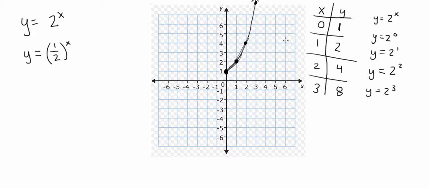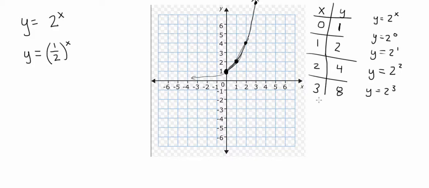When we have a base bigger than 1 raised to the x power, the graph goes up. We'll get into negative exponents later on, where those values get smaller.